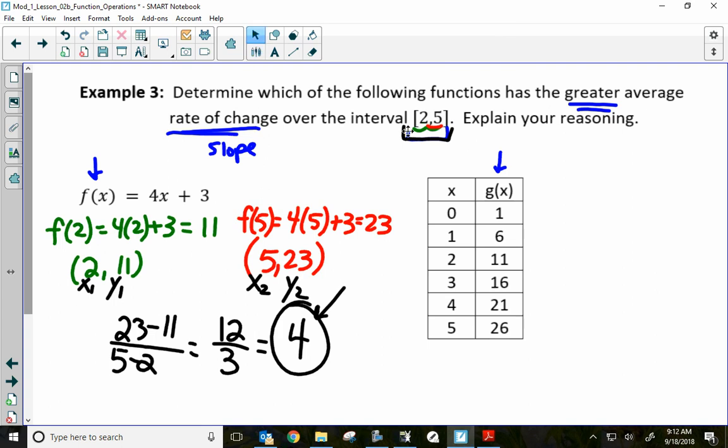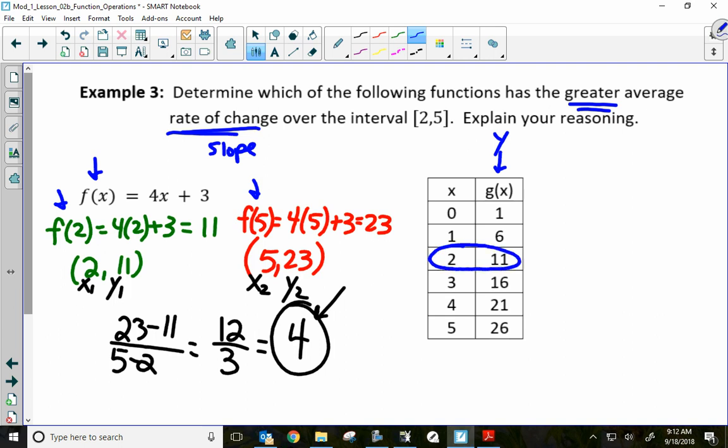All right? Now, it's a lot easier when they give you the table because you don't have to do this work, because they give us the y values. From 2 to 5, those are our coordinates right there. I'm going to say this is x1, this is y1, this is x2, this is y2. Look at that.